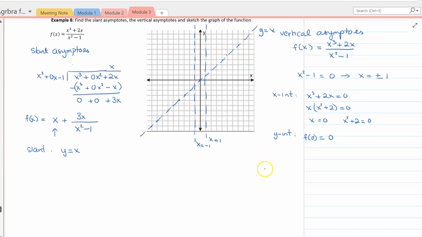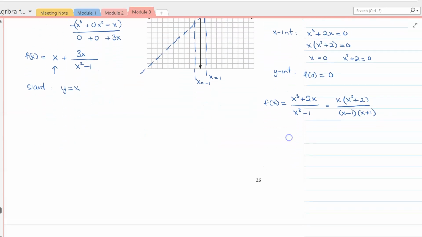So f of x equal to x to the third plus 2x divided by x squared minus 1 can be factored as x times x squared plus 2 divided by x minus 1 times x plus 1.